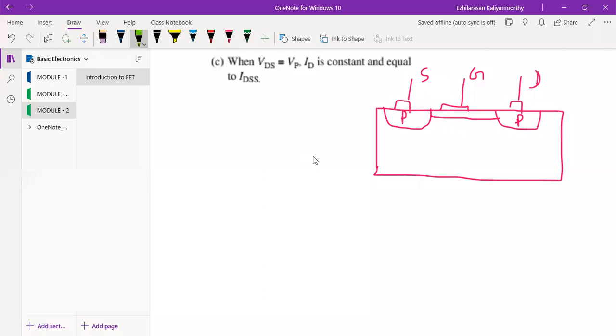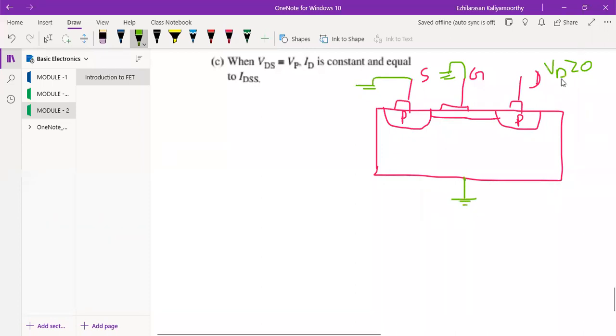As I said, the depletion region, how it will be: your VD is greater than 0, you are increasing, right? The source is connected to ground. What about the gate? The gate is also connected to ground. Now this is the substrate, and even the substrate is connected to ground.